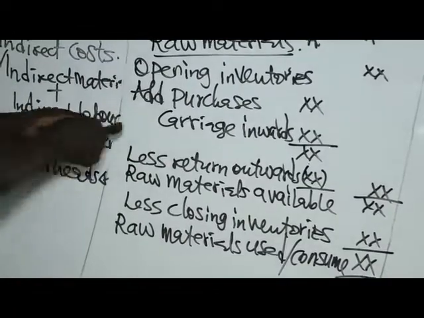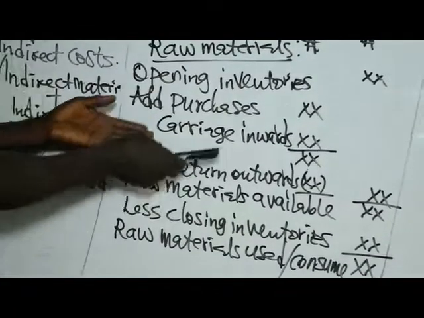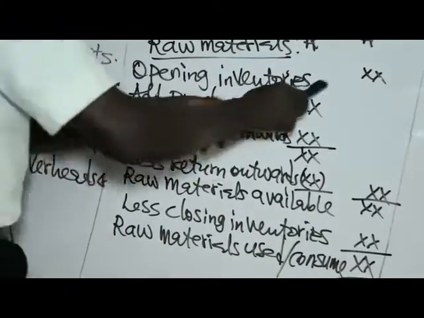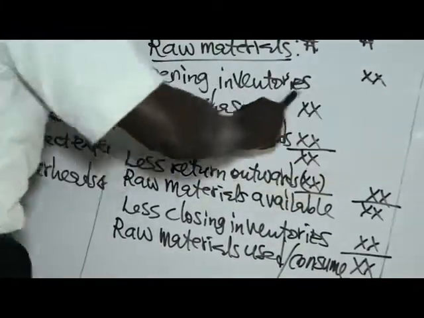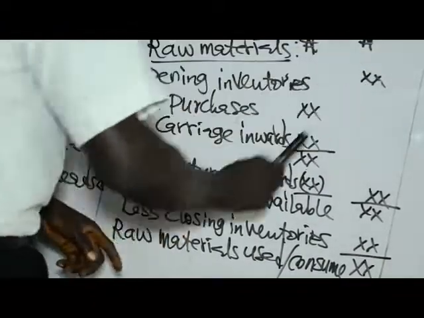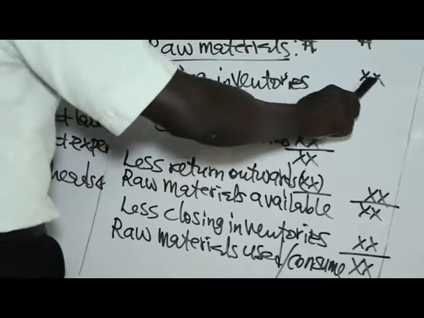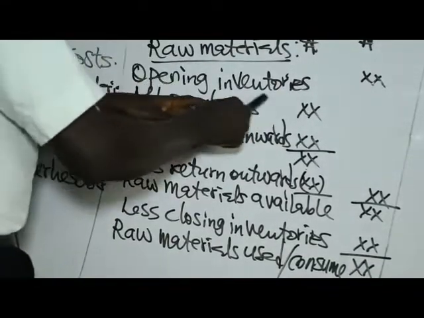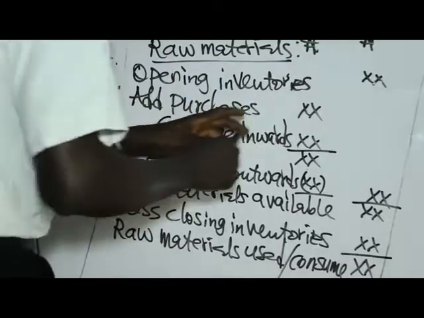That is, you start with the opening inventories. This is the inventory in hand at the beginning of the period. When that is not enough for production, then you have to purchase more. That is why you add purchases of raw materials.